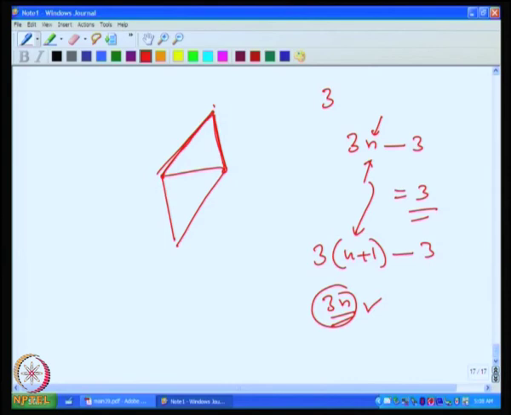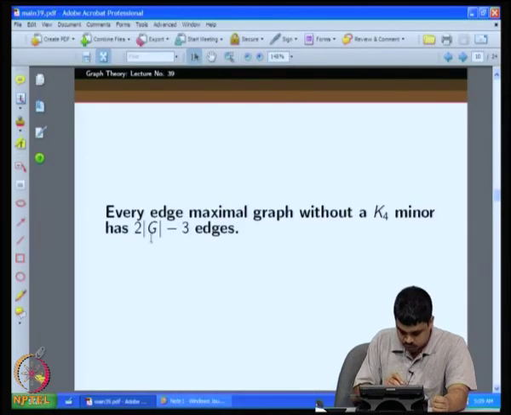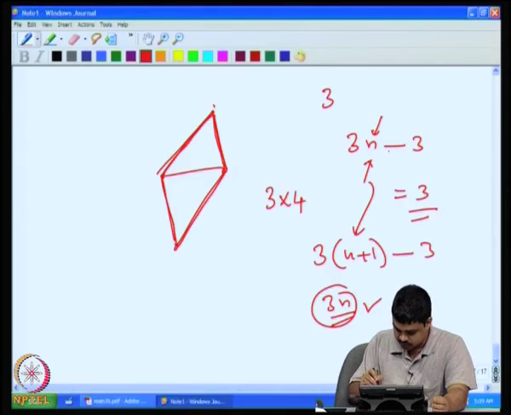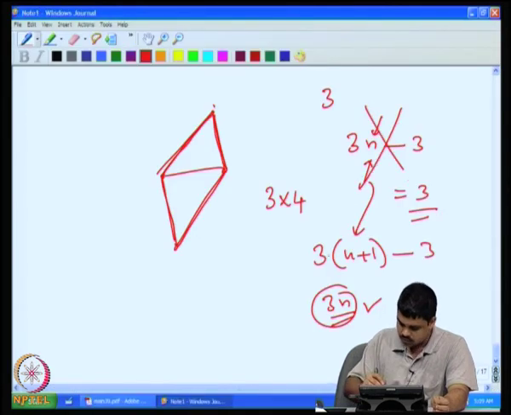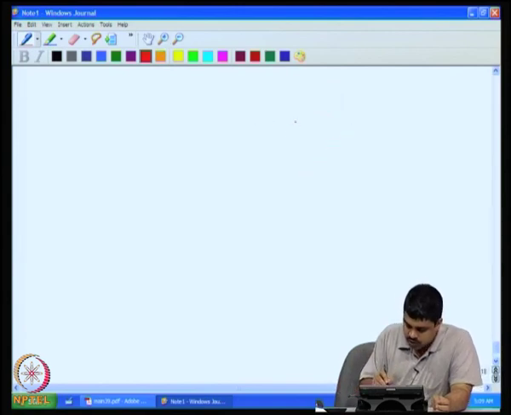For instance, in this 4 vertices, how much do we have? Sorry, I think the number is wrong. So 2n minus 3 edges is what we need. So we want to show that 2n minus 3 edges.